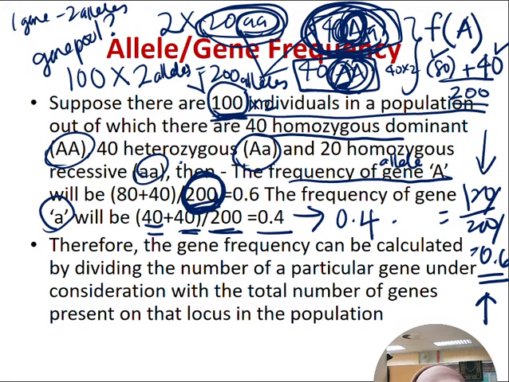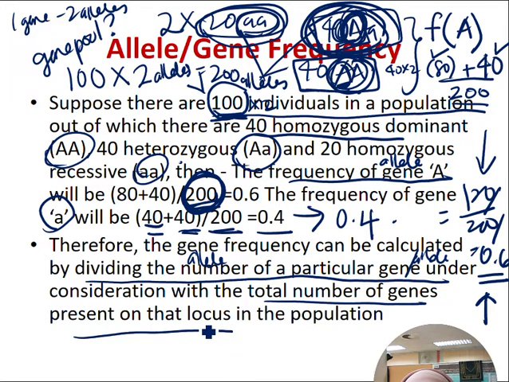Therefore, the gene frequency or allele frequency can be calculated by dividing the number of that particular gene or allele under consideration by the total number of genes present at that locus, meaning that certain gene at the locus of that chromosome in the population.